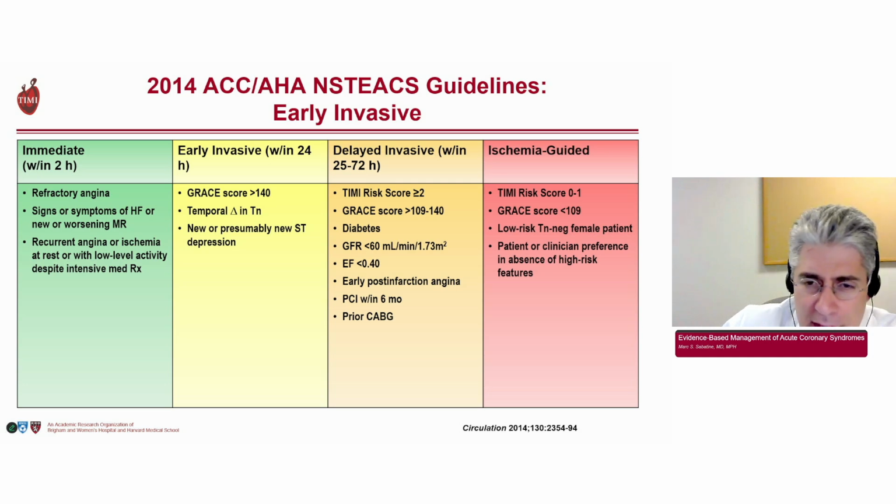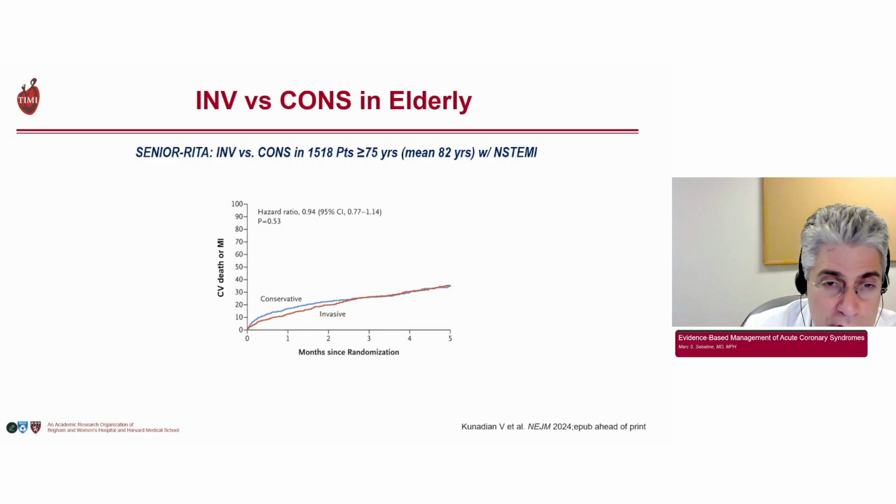They have diabetes, they have some mild CKD, they have a low EF, they've had a recent intervention. Those are people who typically we would cath. It doesn't need to be within 24 hours. That we might do in a couple days. And then lastly, the so-called ischemia-guided or conservative approach is for patients who are low risk for all the features we talked about.